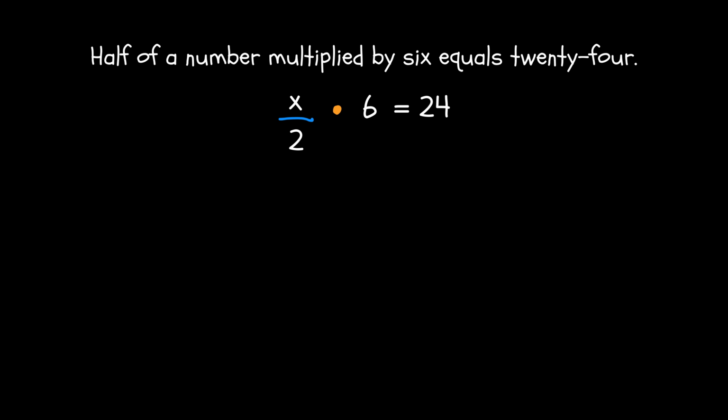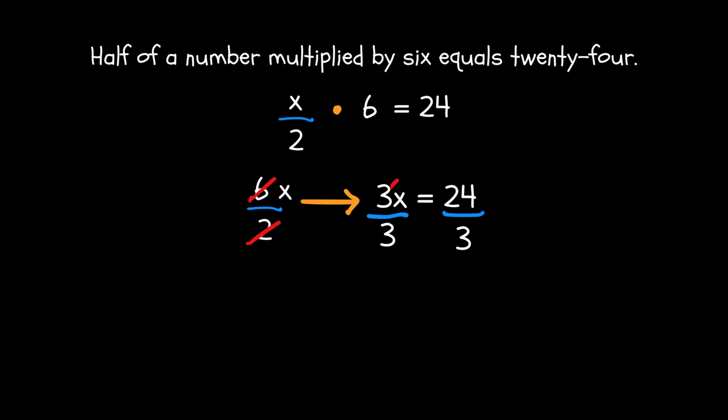Now, let's solve the left side first. Let's multiply x times 6, which is 6x over 2. We will have 3x equal 24. Now, let's divide both sides by 3. We will end up with x equal 8 as our final answer.